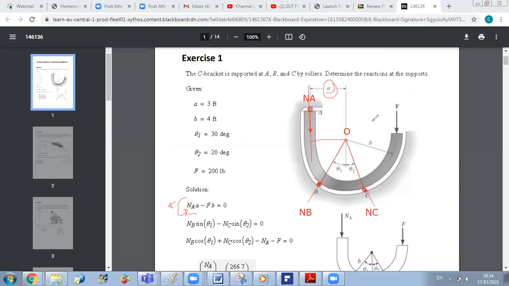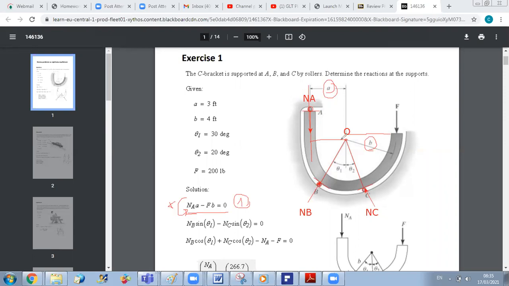So it's minus F times, if I take the distance, this distance is equal to the radius here of this circle, which is B. Okay, so it's minus F times B equals 0. This is equation number 1. I got it from doing sum of moments about O.